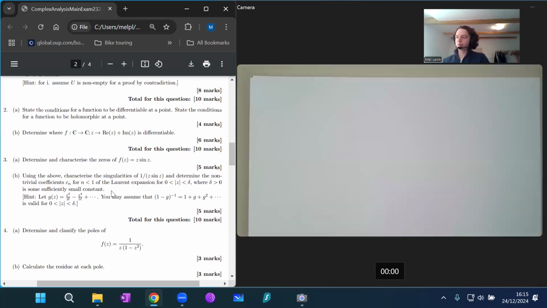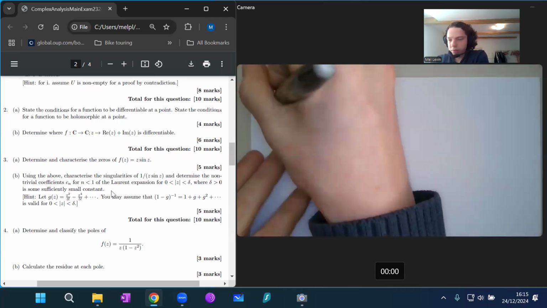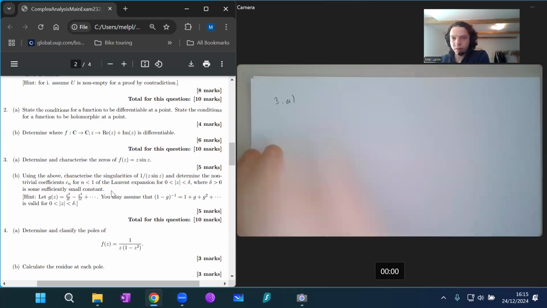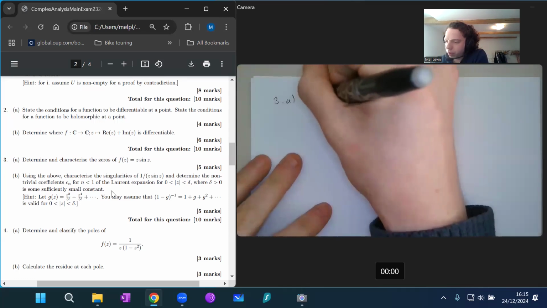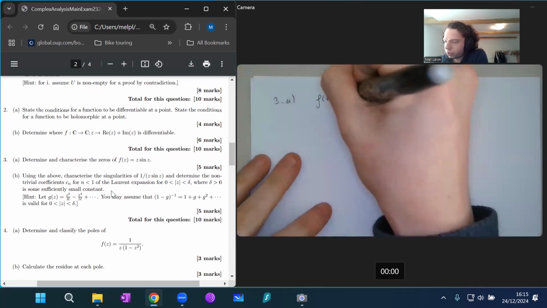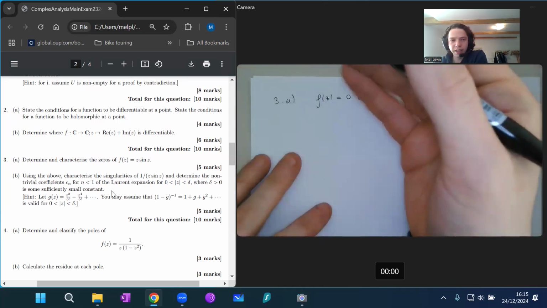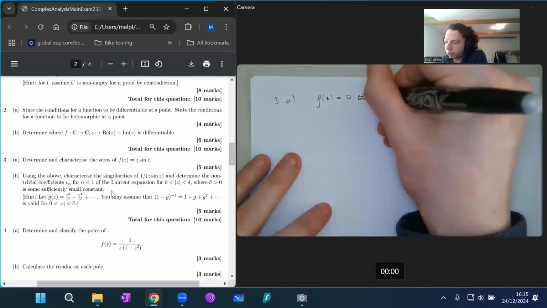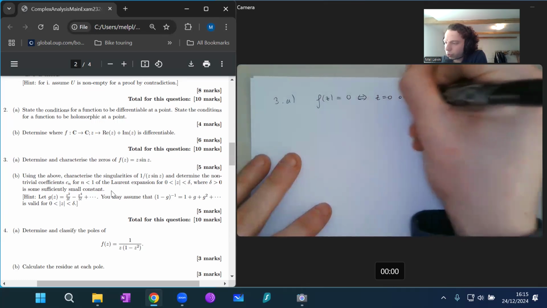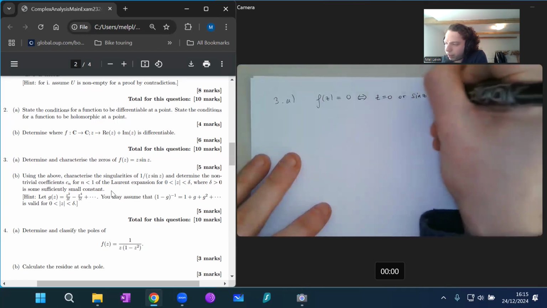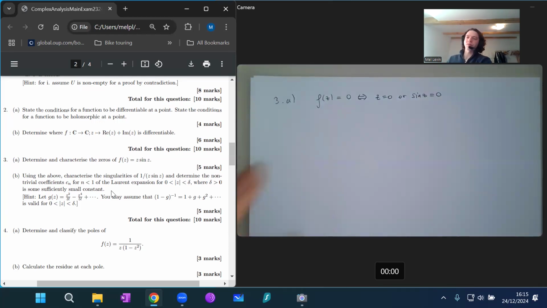Okay, well, f of z will be equal to 0 if and only if, well, it's z times sine z, so it's if and only if z equals 0 or sine of z is equal to 0, right?